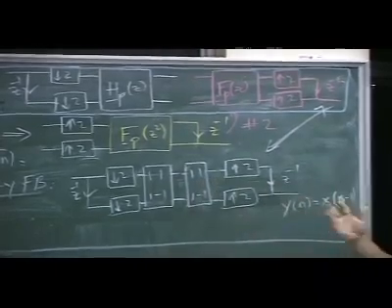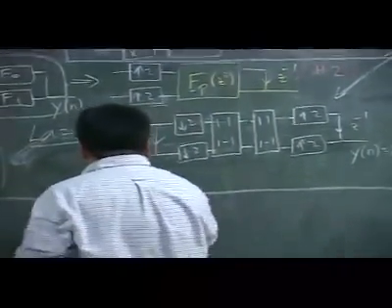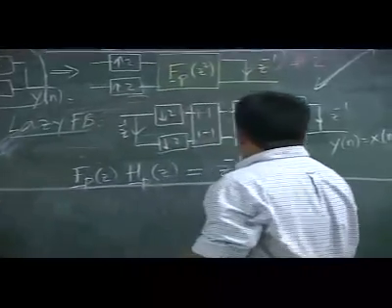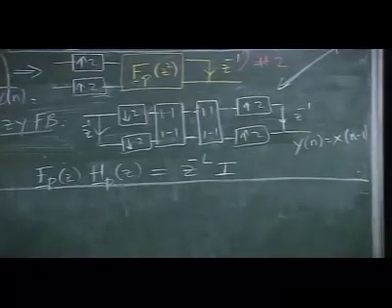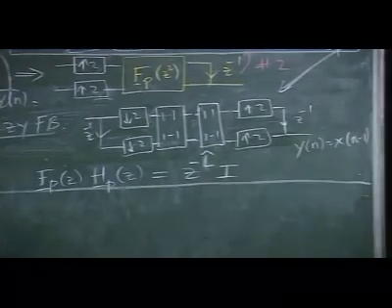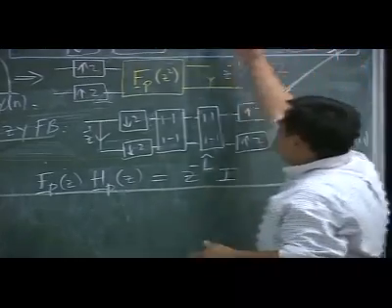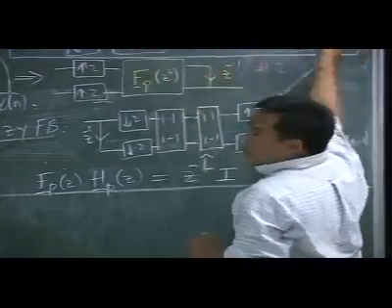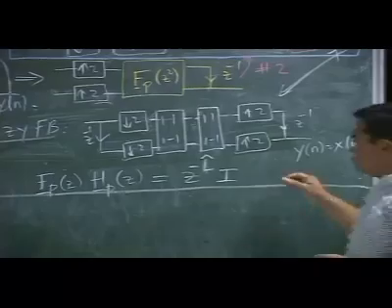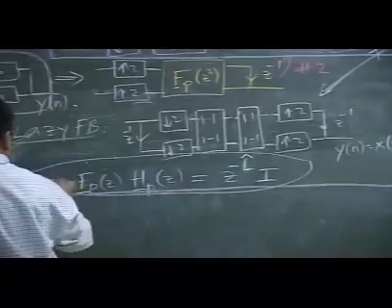But in general, if I can find FP of z and the corresponding inverse, if it is z to the minus L, let me use L hat, it's a different L. Then you can show that if this is z to the minus L hat, I can prove it outside and we come to this structure, the lazy filter structure. So that would be the PR condition.